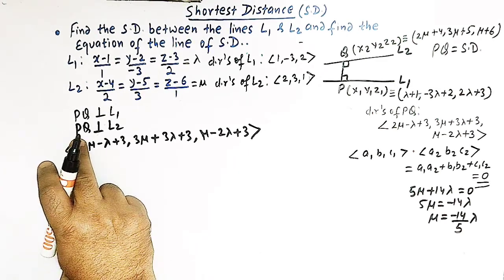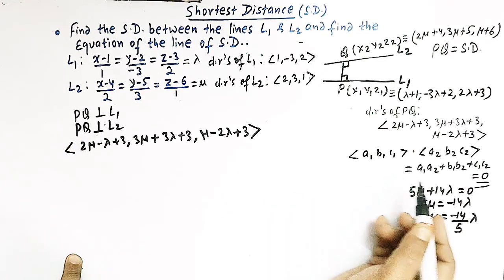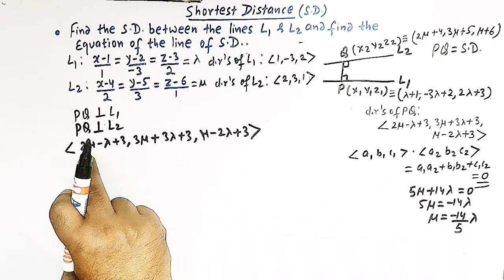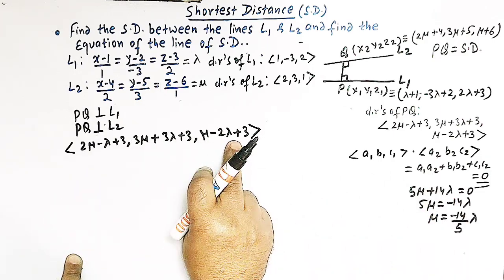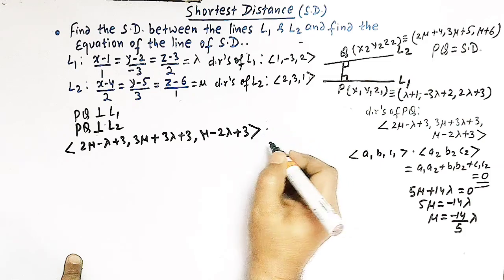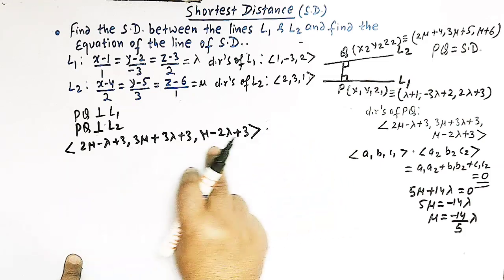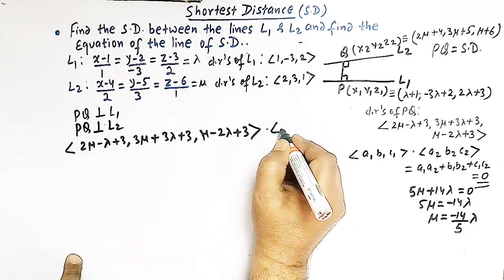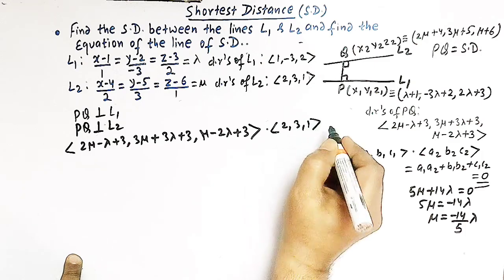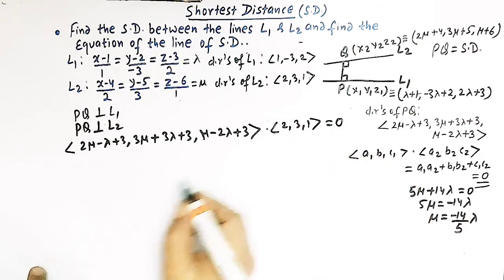So now PQ is perpendicular to L2. So again applying this condition, the direction ratios of PQ are written over here, and the dot product of these direction ratios with 2, 3 and 1 should be equal to 0.